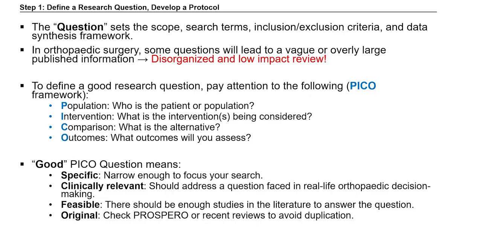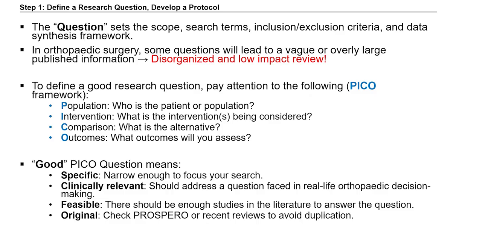By two, I don't mean we necessarily need to choose two, but what is the intervention or interventions being considered for that review? Comparison: what are we comparing that intervention or those interventions with? What are the alternatives? And outcomes: what outcomes will you assess? What do you want to send out as the take-home message for your systematic review?